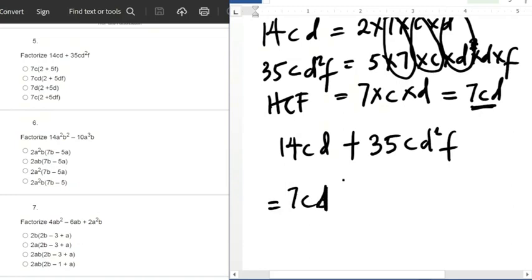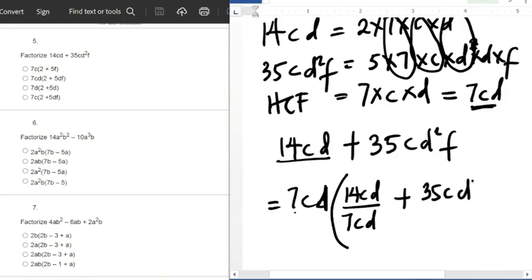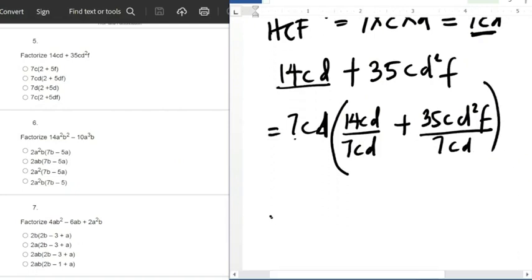Are you with me? Then you open a bracket. 14CD divided by the HCF, which is 7CD, plus 35CD squared F divided by 7CD.